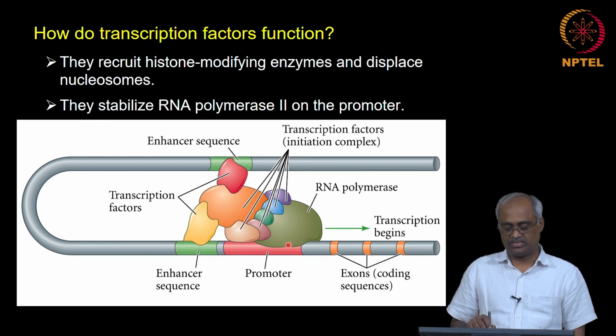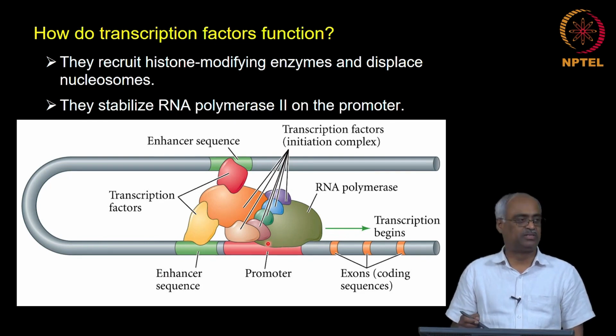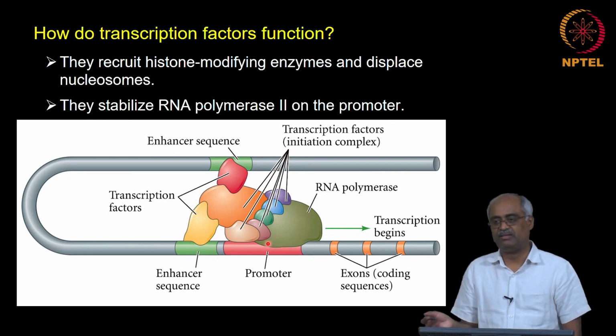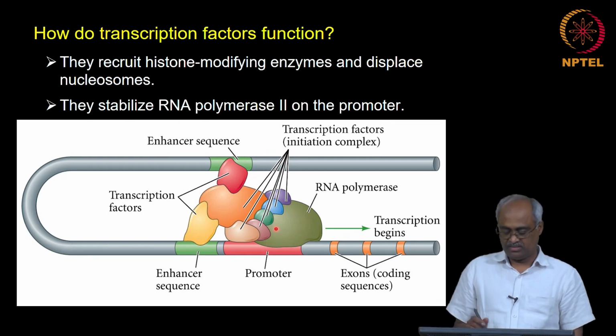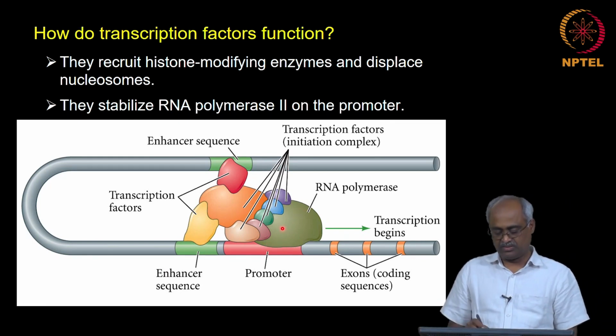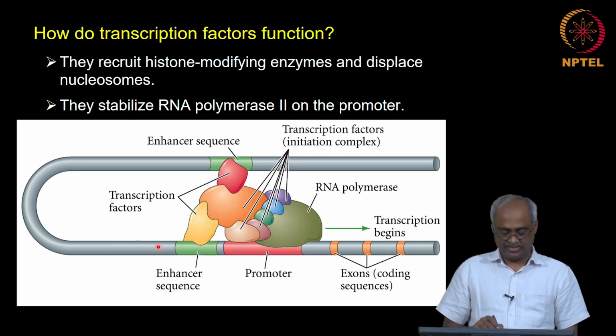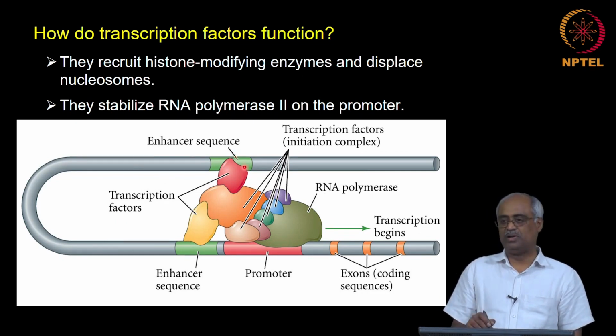Okay, they stabilize RNA Pol2 on the promoter, increasing the probability that it will continue to elongate, that it will initiate the elongation phase. Okay. So, in this structure you see the enhancers can be at a great distance, but through protein-protein interaction the DNA can loop like this. Okay.